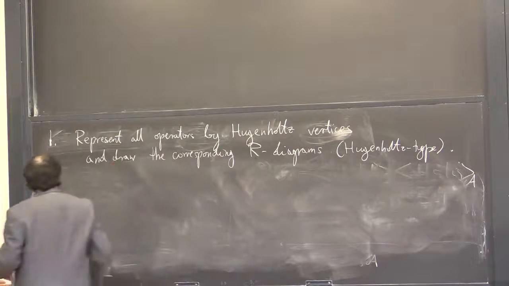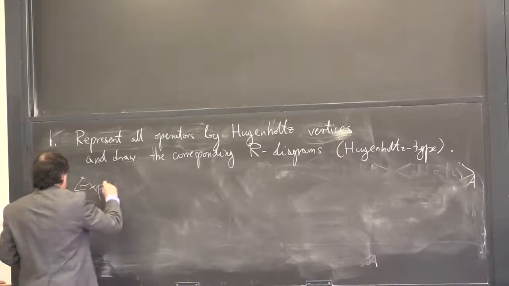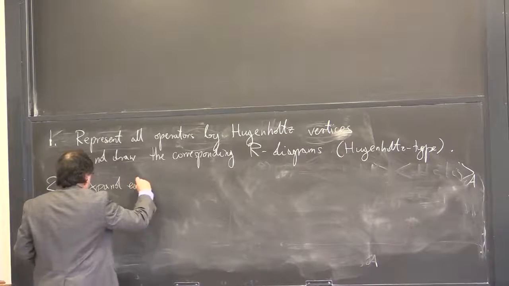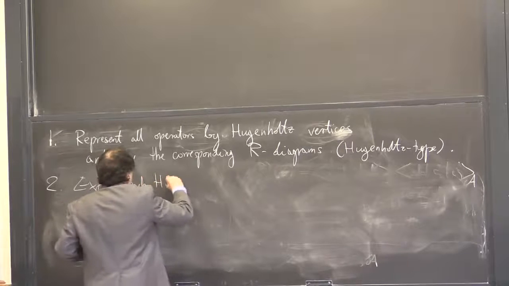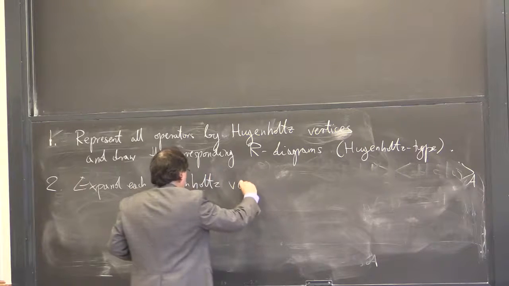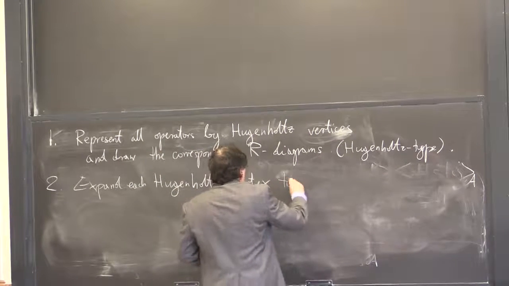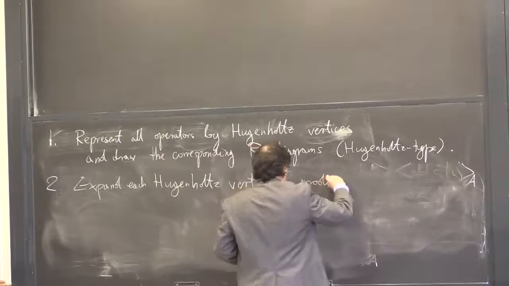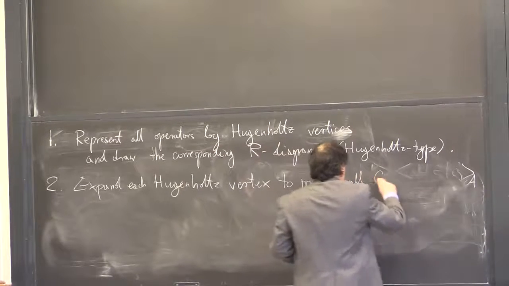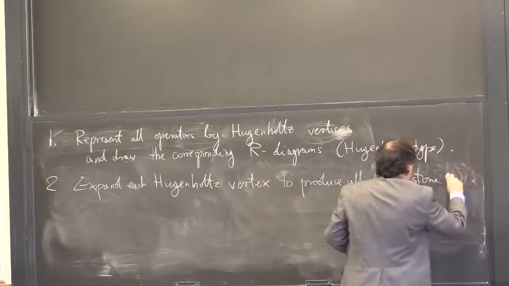Then in point 2, you expand each Hugenholtz vertex to produce all Goldstone diagrams.